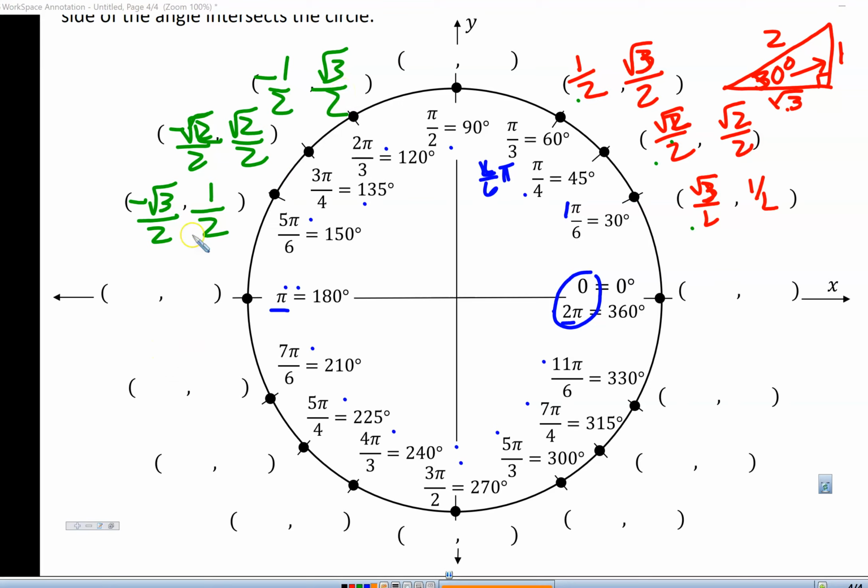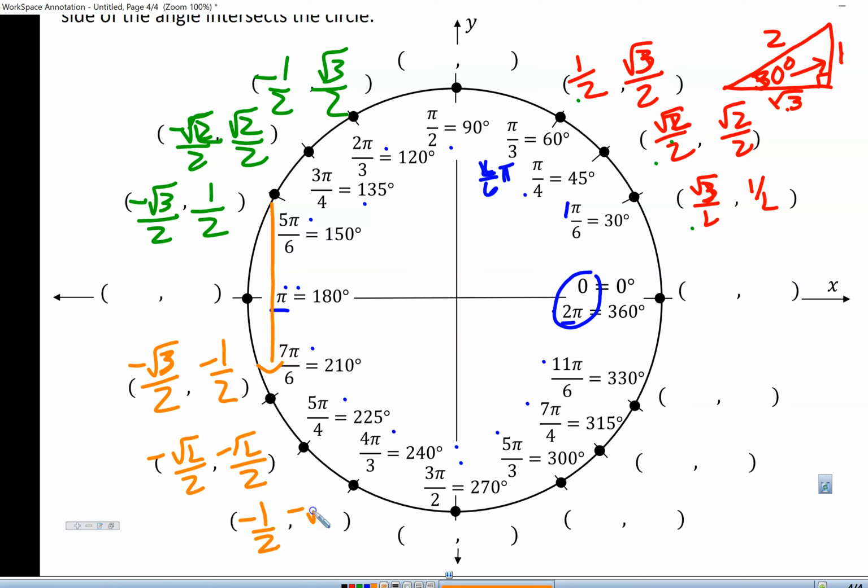So this one right here reflects to this position right here. So we have a -√3/2 and a -1/2, -√2/2, -√2/2, and then -1/2, -√3/2. Notice too that these two are flip-flopped in the positions. The -1/2 here is the sine, and here it is the cosine.